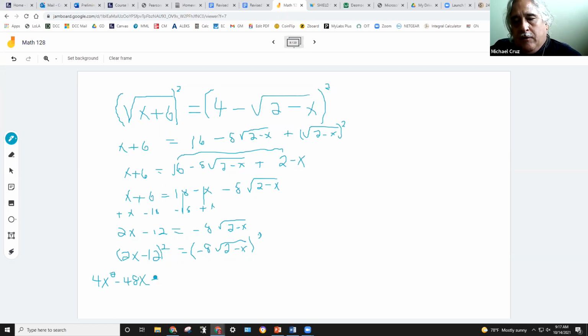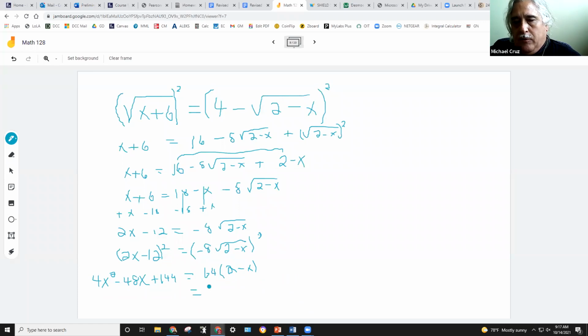And then that's 144 when you square 12. And the good part about this is going to be positive, so that's going to be a 64, 8, and then this is going to come out of there, 2 minus x. So now we're just going to simplify as far as we can.